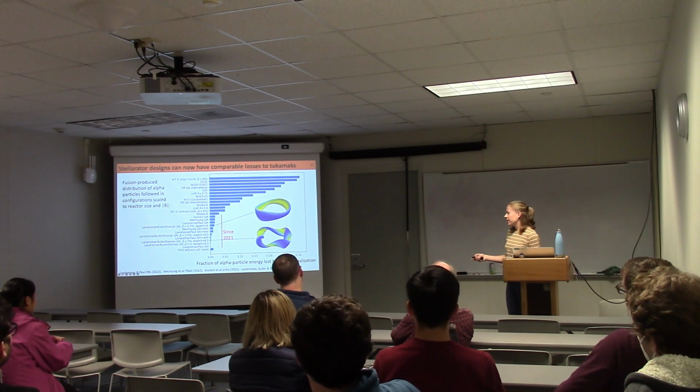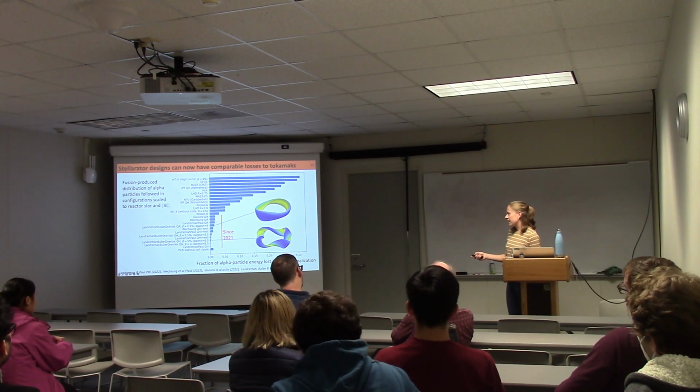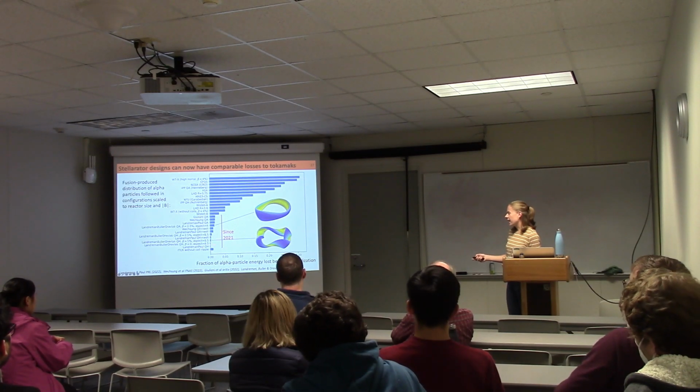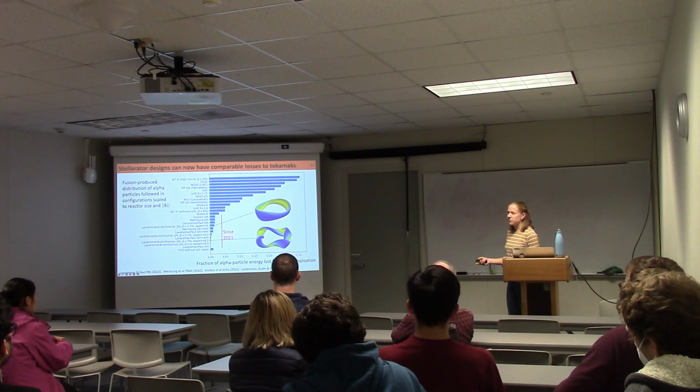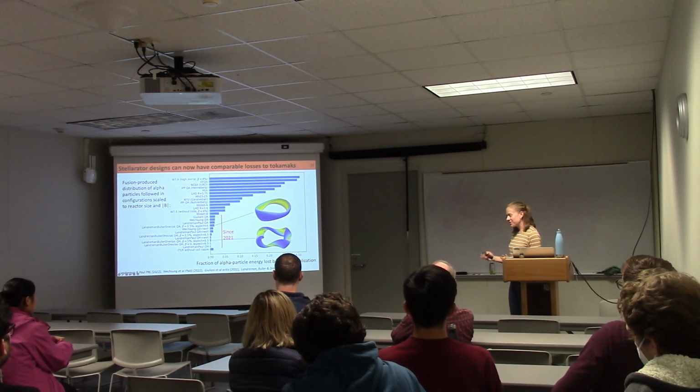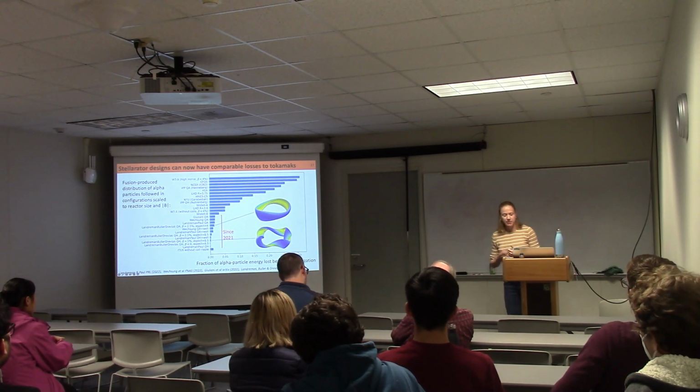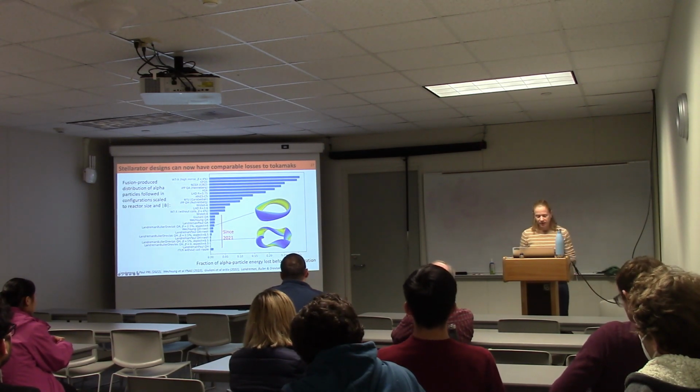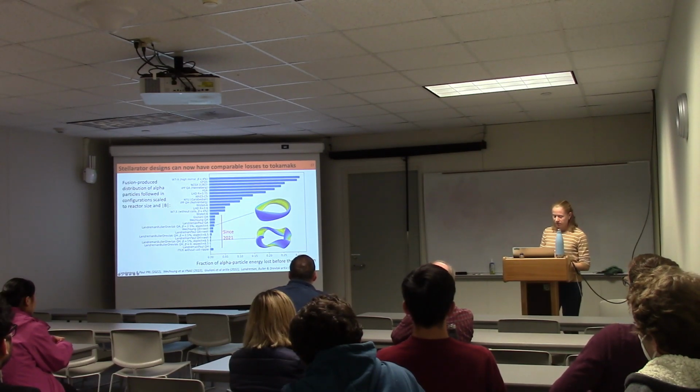You can now find stellarator configurations that have losses at the same level or even lower than in a tokamak. So this is really a step forward for the stellarator. I'll emphasize that these configurations have not actually been built. These are calculations, but it at least demonstrates that it may be possible to have a stellarator that sufficiently confines the alpha particles.